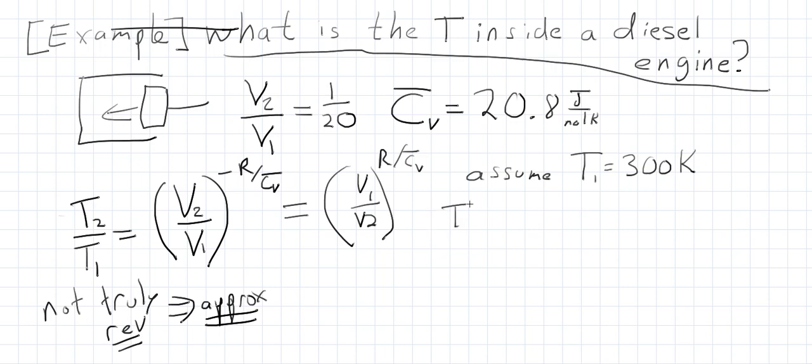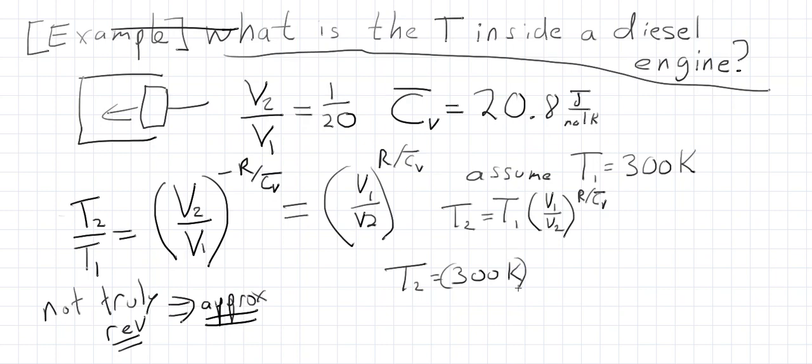So let's go ahead and solve for T2. We see T2 is equal to T1 times that ratio, V1 over V2, to the R over CV. And if we plug in numbers, T2 is equal to 300 kelvins, and V1 over V2 is actually 20.